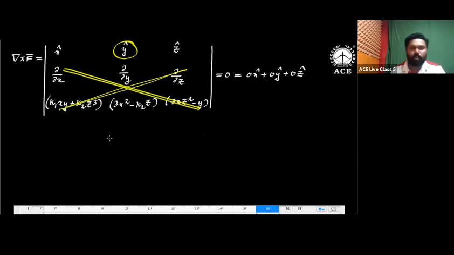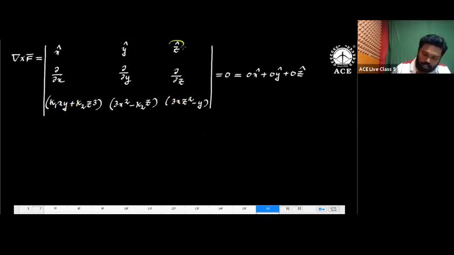After differentiation, there won't be any K1. Clear? Z component: this into this, there is no K1, but this into this, yes, there is a K1.